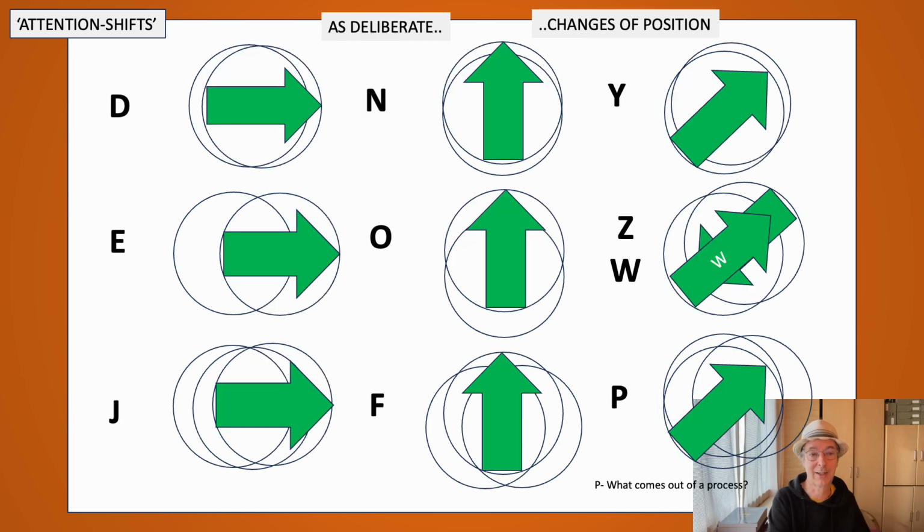The attention shifts. It's different, because here with the D, you have something right, something left. They are quite different. What do I have to do to go from right to left? What do I have to do to take something out with the N? What do I have to do to change to somewhere else with the Y?